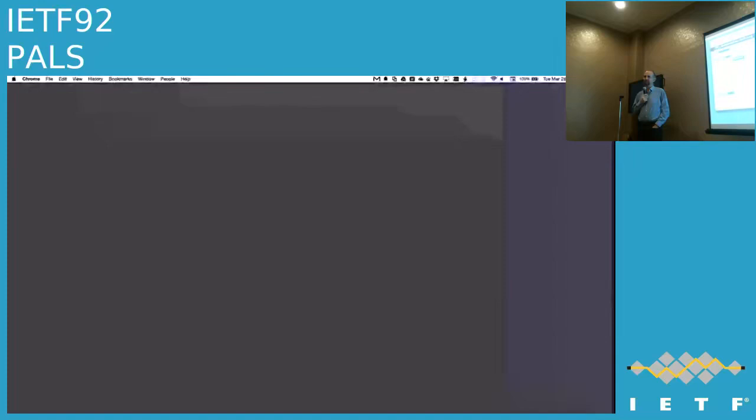So the liaison work will be done between the PALS working group and the BESS working group. Also, in the last meeting, Stewart reminded us of the existing L2VPN MIB, so when designing the YANG model, we will try to keep consistency with it.